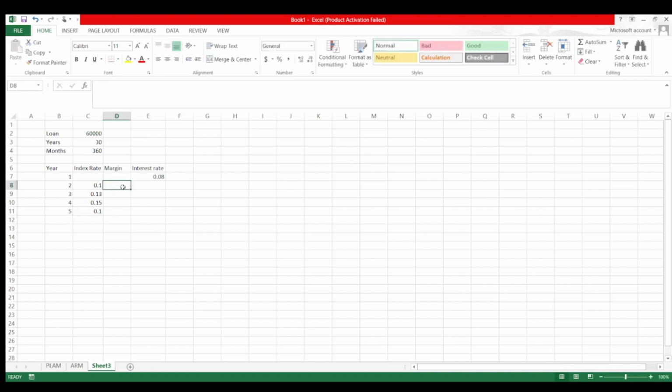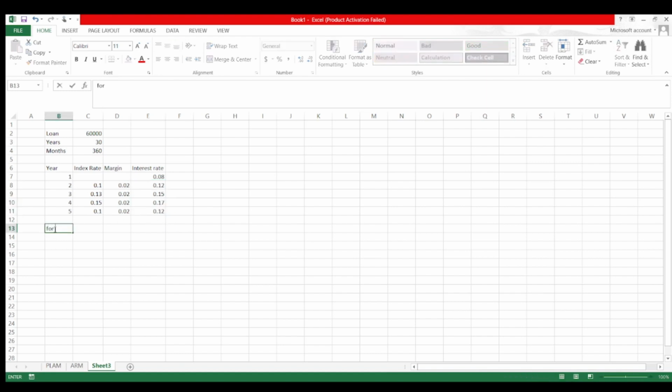And then the margin is 2%, which is 0.02, and the margin holds throughout this particular period. So the total interest rate is the index rate plus the margin. Once you drag that down, we have the interest rate for the different periods.